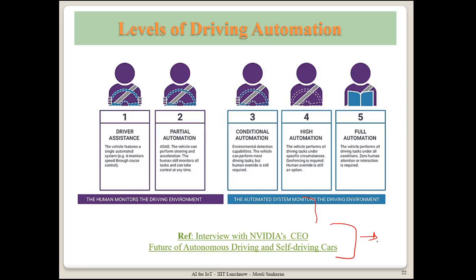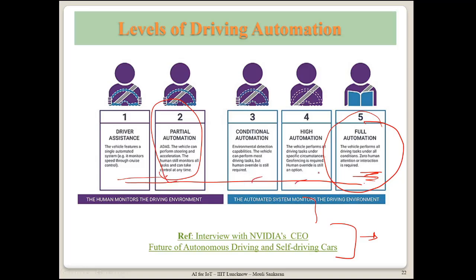Where the future for autonomous driving is going is given here, and these are the different levels of autonomy. This is fully autonomous, the levels of autonomous cars. This is driverless, it has complete control, whereas level 2 is partial control shared between the AI and the driver, and these are all different levels.